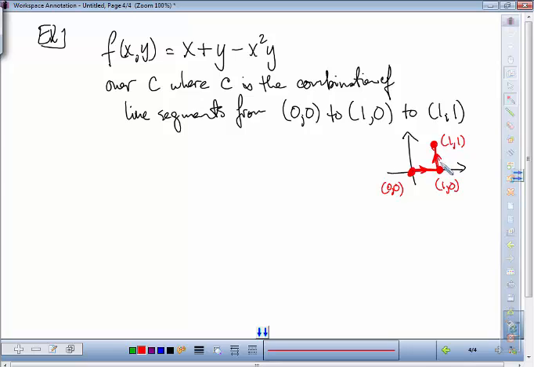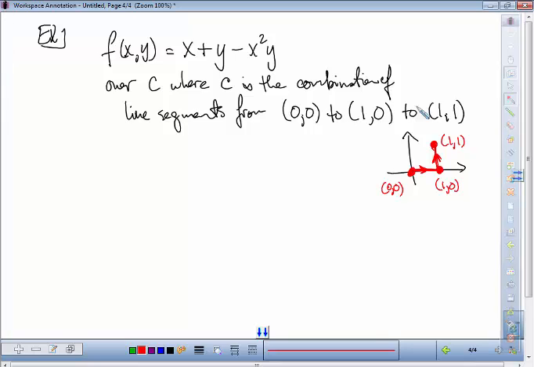So why don't we just get used to describing a path when we're drawing it out, to include the arrows to tell us which direction we're going. In this case, we're going from 0, 0 to 1, 0, and then from 1, 0 to 1, 1. So those little arrows tell you the direction in which you're going.